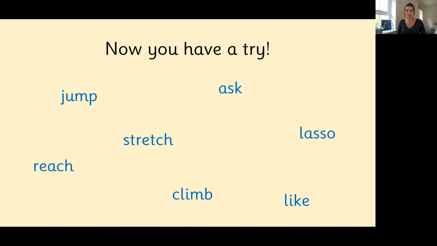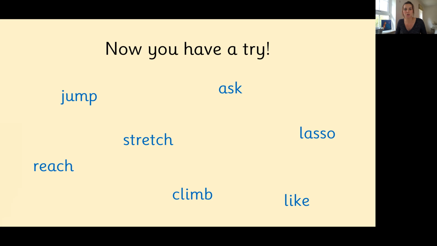So I would like you to now have a go. Okay, you've had a go with one of them. Now you're going to, on your paper or your whiteboard, write each of these words down, and you're going to have a go at adding that ED onto the end. And just be careful, remember to think carefully. If it already ends in an E, what do I need to do?